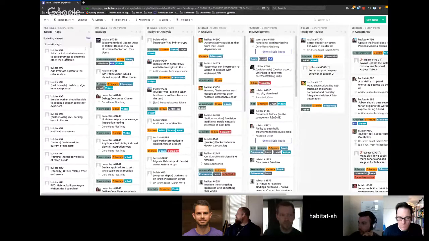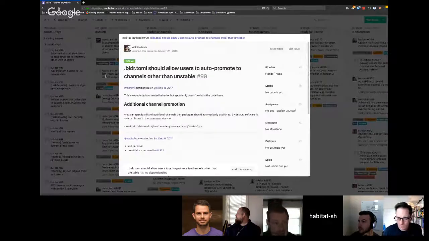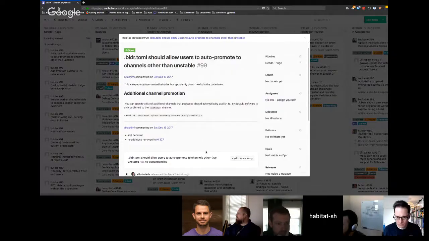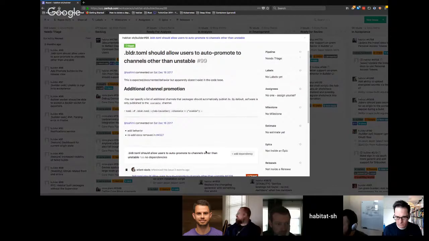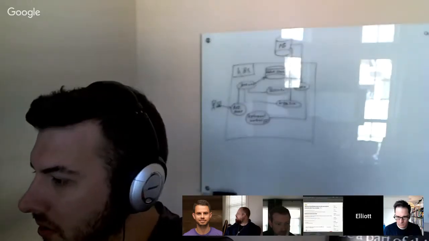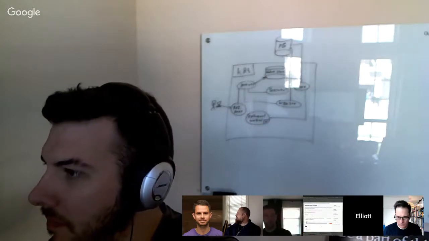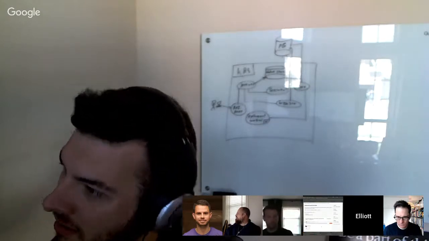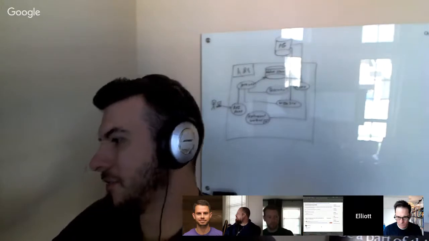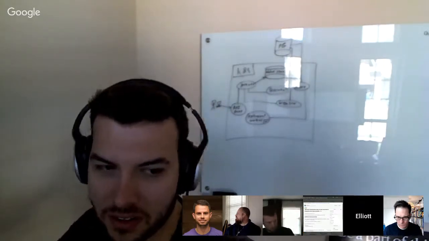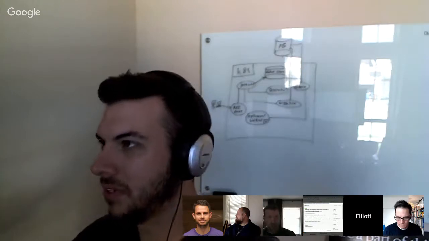All right, next one, Builder Toml. Builder Toml should allow users to auto-promote to channels other than unstable. Yeah, I filed this one apparently. I mean, it's a feature request. I don't think it's high priority, but if somebody doesn't think that's a good idea, then I'm happy to close it.